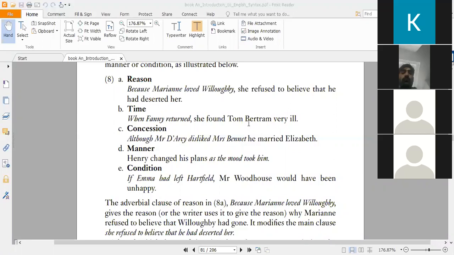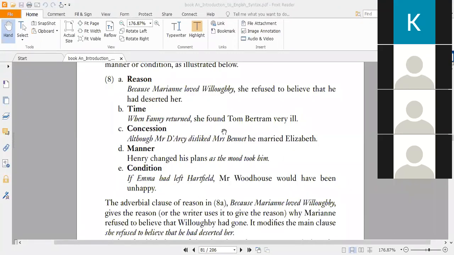Then adverbial clause of condition. If Emma had left Hartfield, Mr. Woodhouse would have been unhappy. So here this is the adverbial clause of condition.